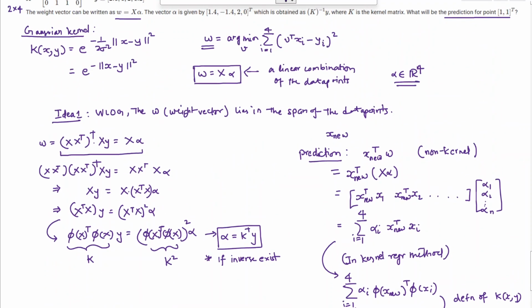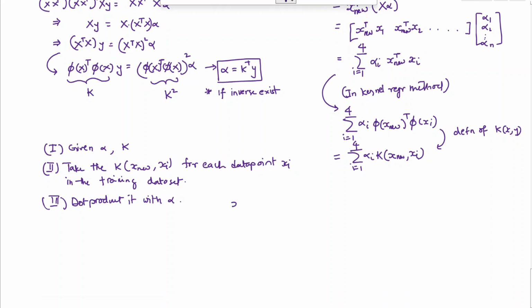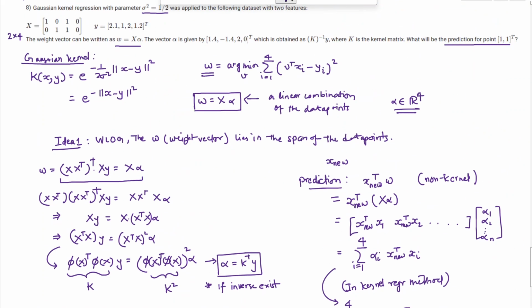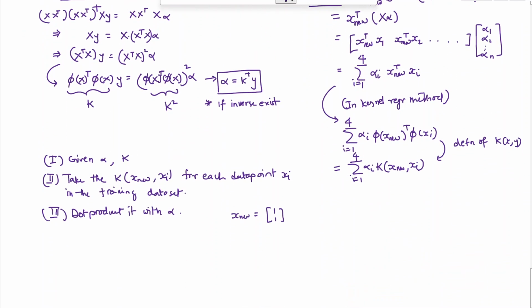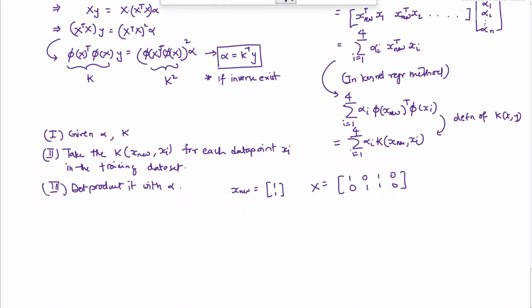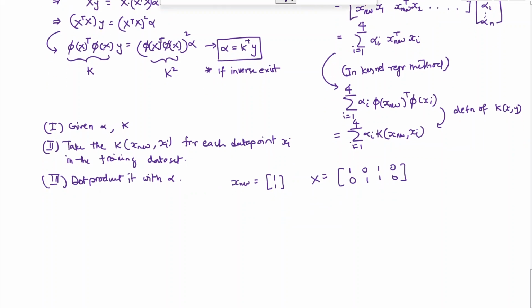So what is our new data point? X new is 1 1. Now what is capital X? It is 1 0 0 1 1 1 0 0. Now if I take k of x new comma x1, that would be 1.